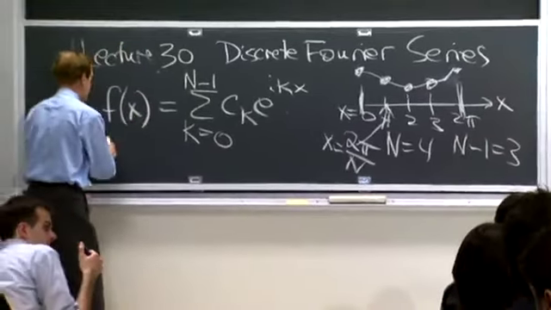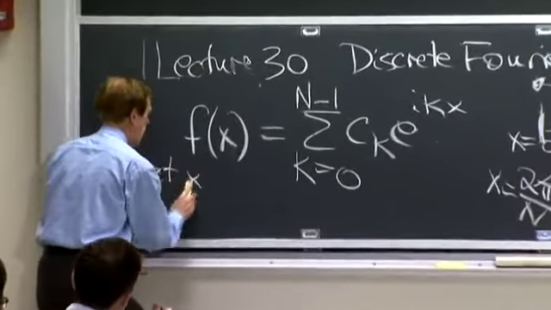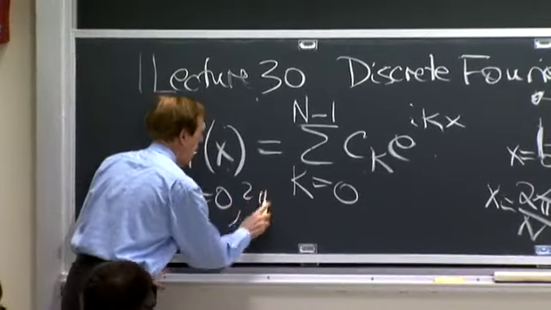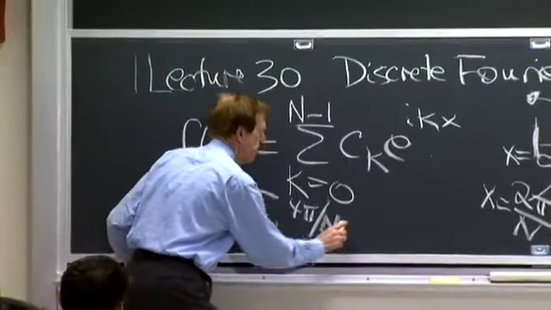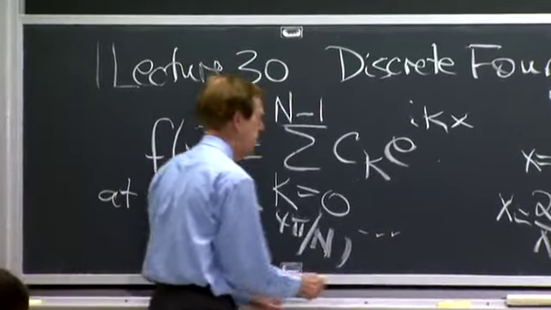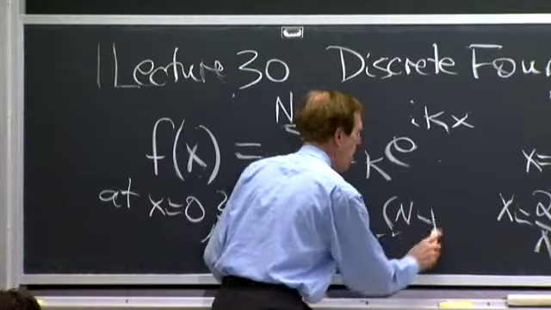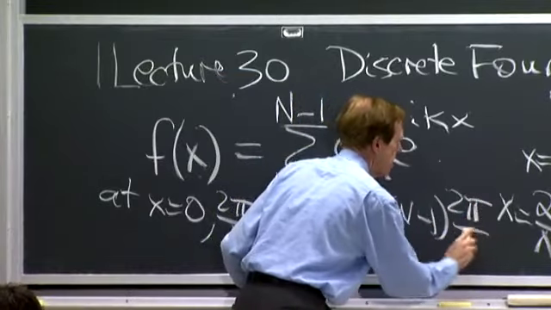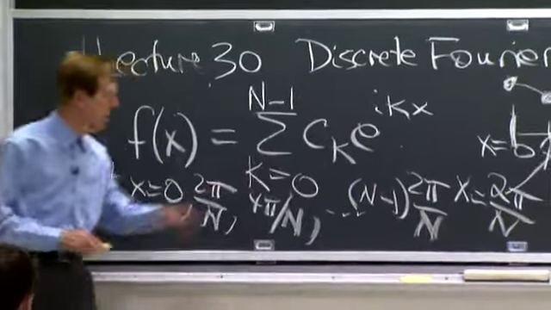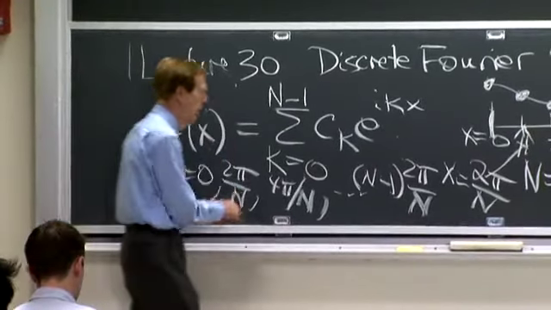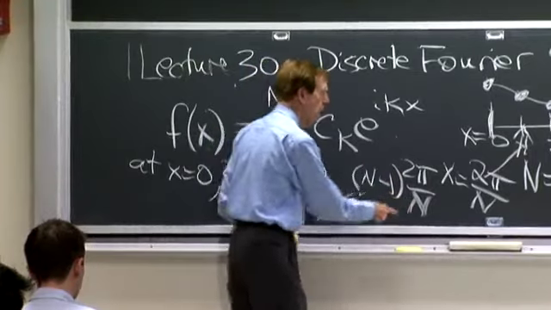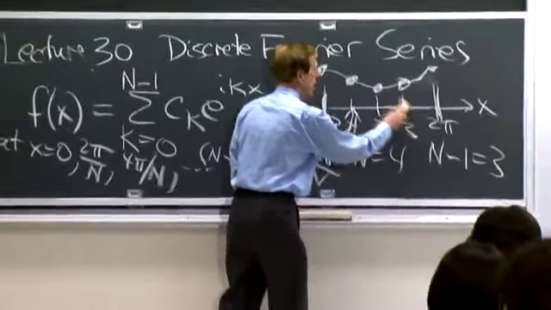So I'm only going to get this at x equals 0, 2 pi over n, 4 pi over n, up to, whatever it comes out to, n minus 1 times 2 pi over n. That doesn't look elegant, so we probably will try to avoid writing that again. But this was the 3 times 2 pi over 4 that got us to there.